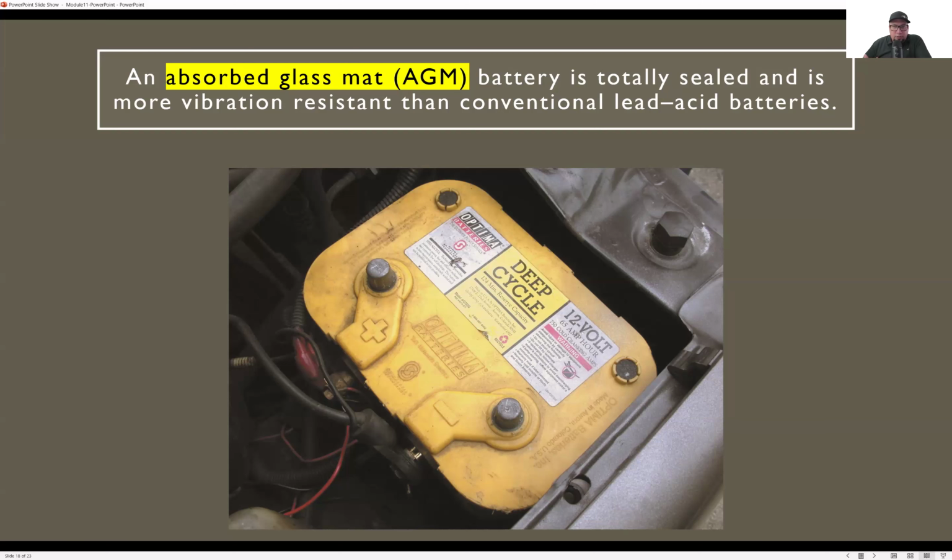So they'll use a gel that they'll paste onto the plates, and that gel is the electrolyte. So it has the acid in there. Instead of using water, they'll use the gel and acid, and that gel will paste onto the plates.